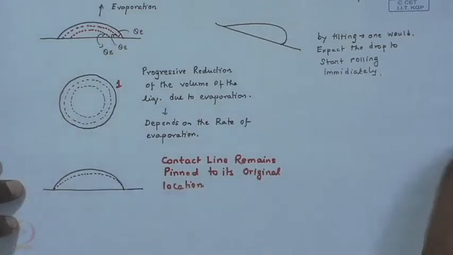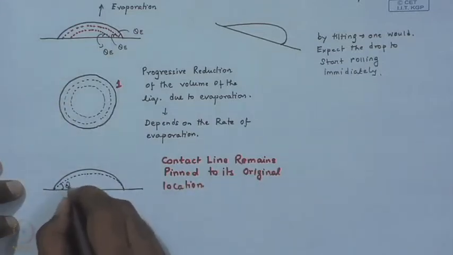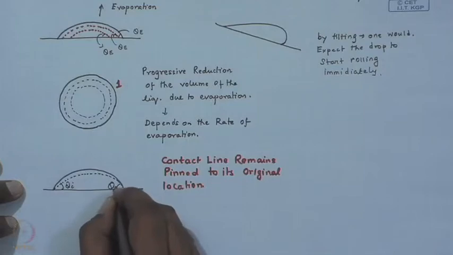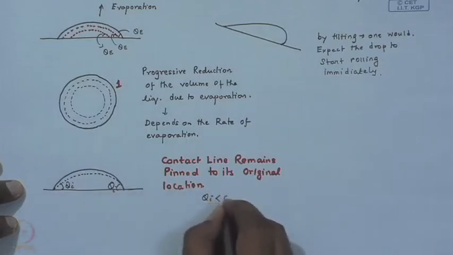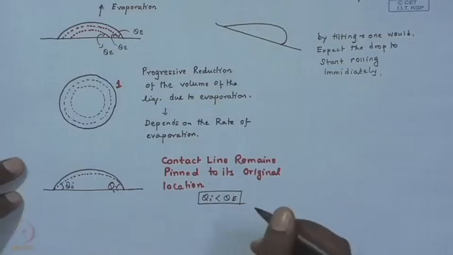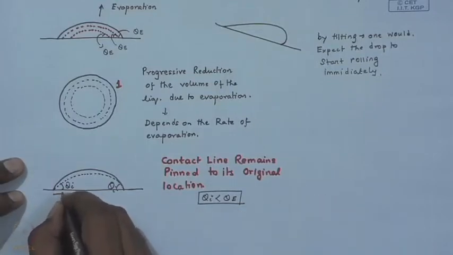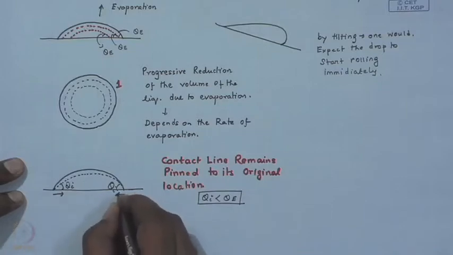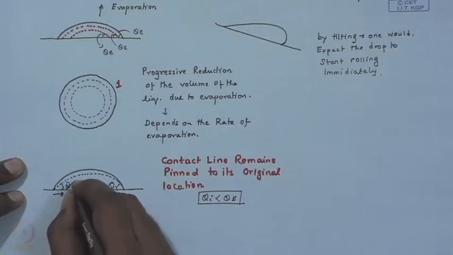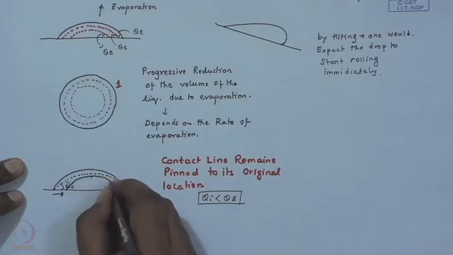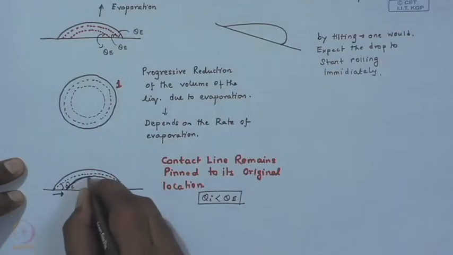What does it mean? It means that now your theta I is less than theta E, but still you do not see any dynamics. And then all of a sudden you see that the drop suddenly moves by a large extent to its new location, making a contact angle like this.